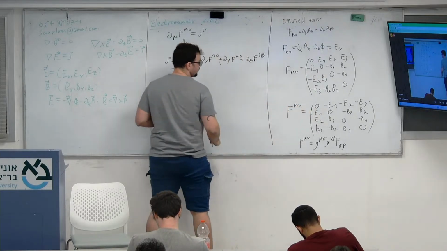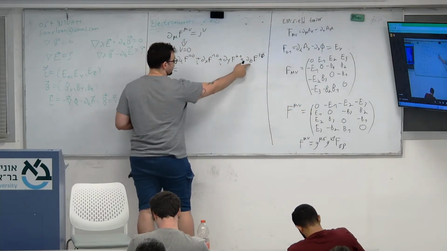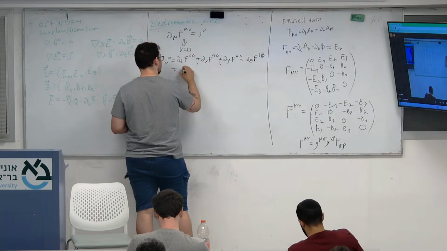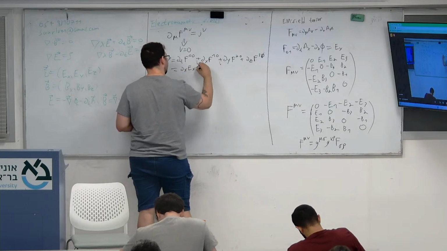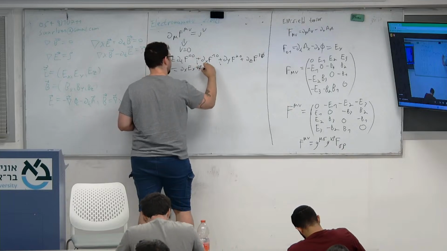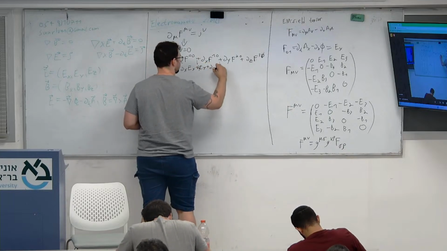The 0 term is just 0, and then it's Ex, Ey, Ez, equals dou x plus dou y plus dou z.